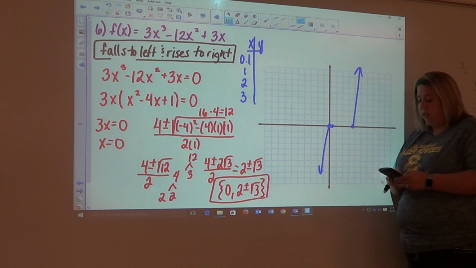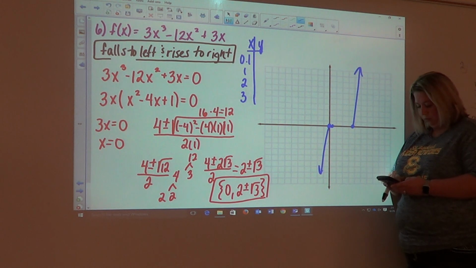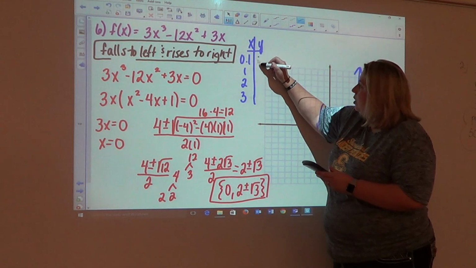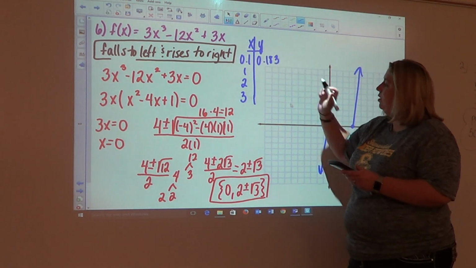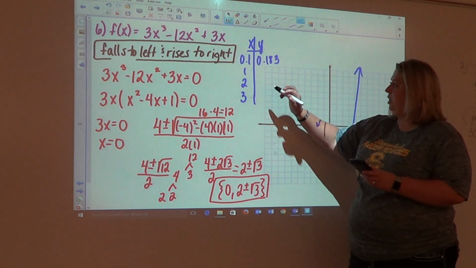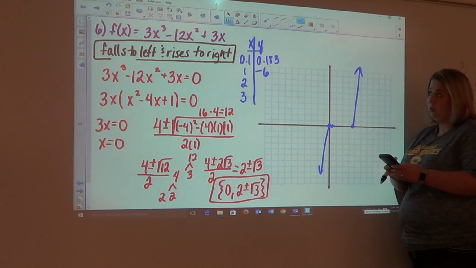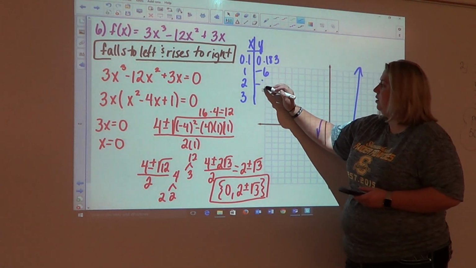Okay, so if I plug this in, we get 0.183. If I plug in 1, we would get -6. And if I plug in 2, we would get -18.